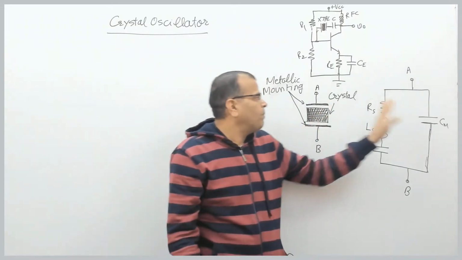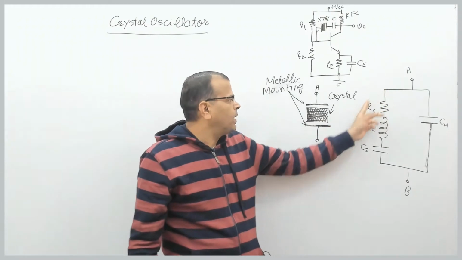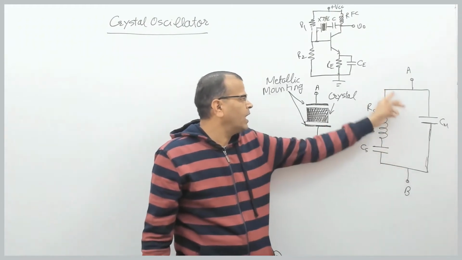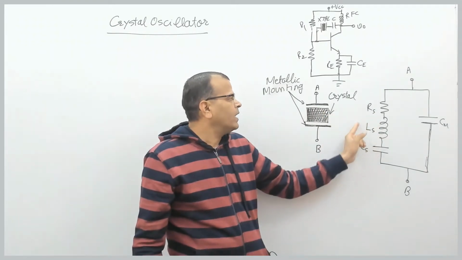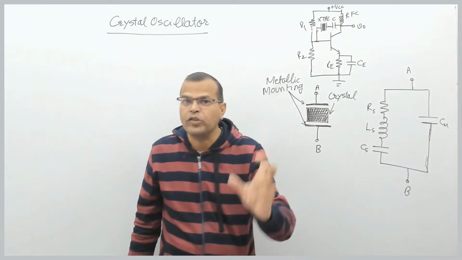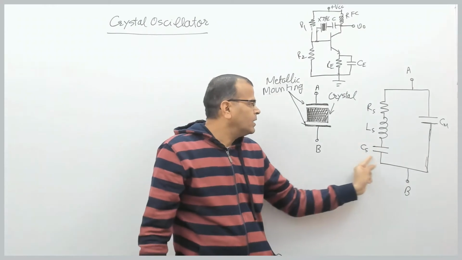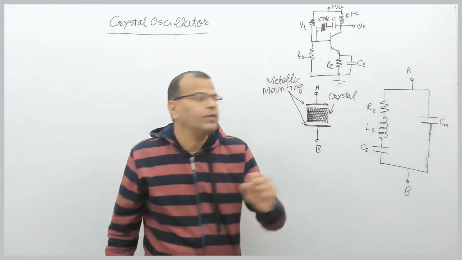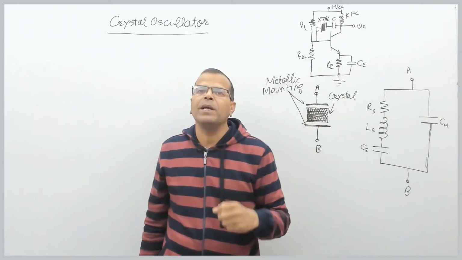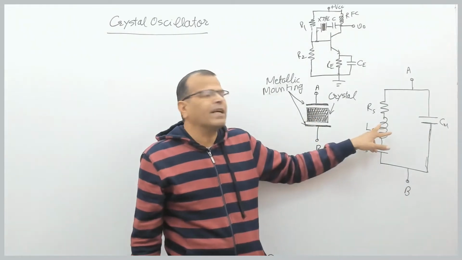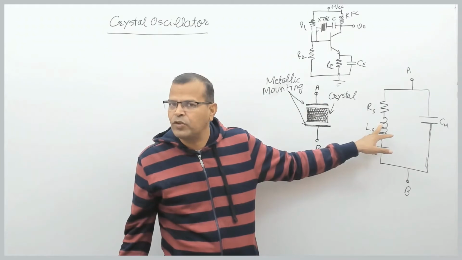When you compare these two, this series RLC branch represents the crystal, where Ls, the inductance, represents the mass of the crystal, the capacitance represents the elasticity of the crystal, and Rs represents the molecular friction. In a mass damper system, inductance represents mass, which is an energy storage element.